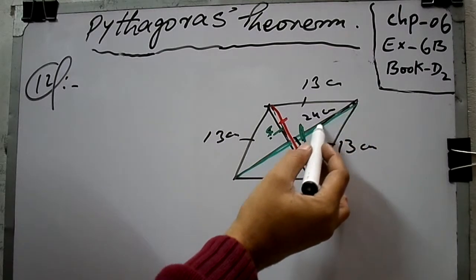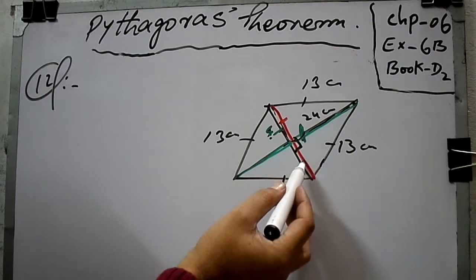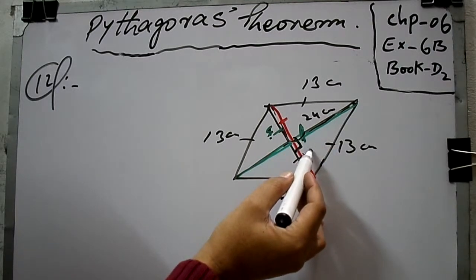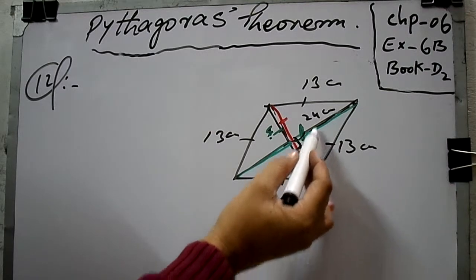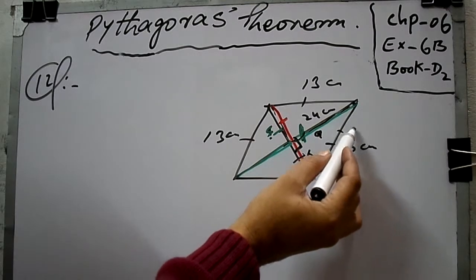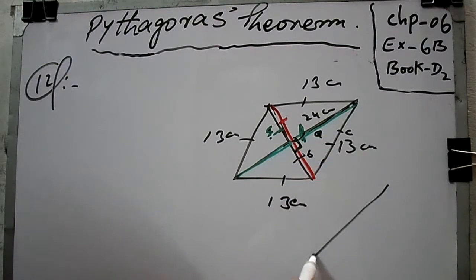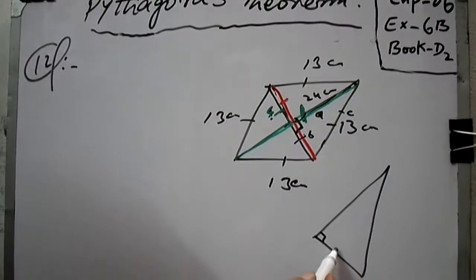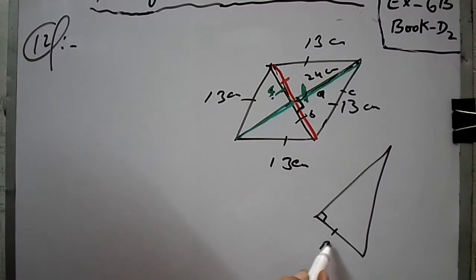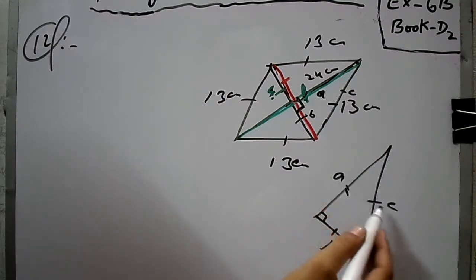So adjacent to the 90 degree angle, that is your perpendicular, that is your base, that is your altitude A, and that side is your C, the hypotenuse.